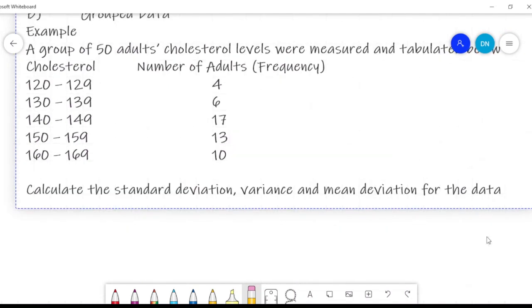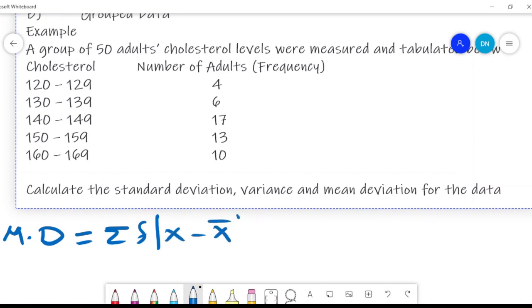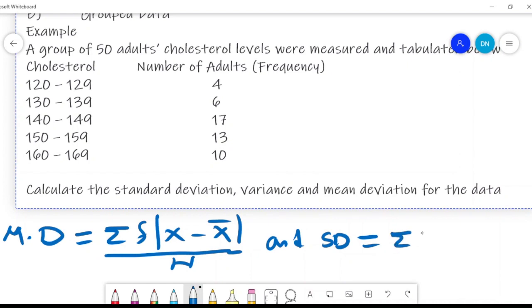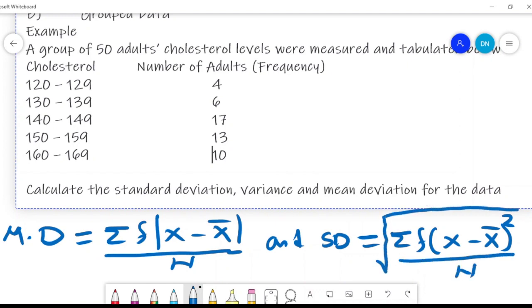So the first step is to itemize the formulas that we are going to use. The mean deviation is given by the summation of f times the absolute value of x minus x bar, divided by n. And the standard deviation is equal to the summation of f times x minus x bar squared, divided by n, and then we get the square root of those values.